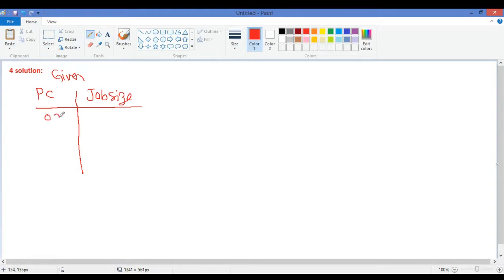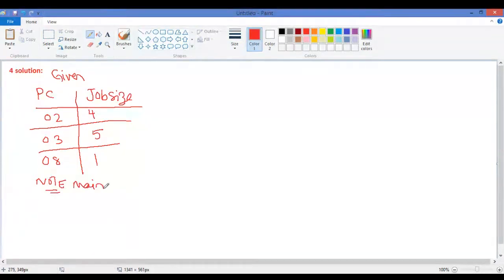Personal computer is 02, 03 and 08, and he has given job size as 4, 5, 1.